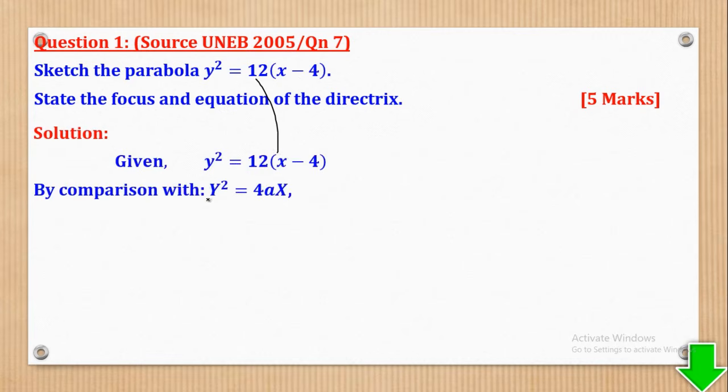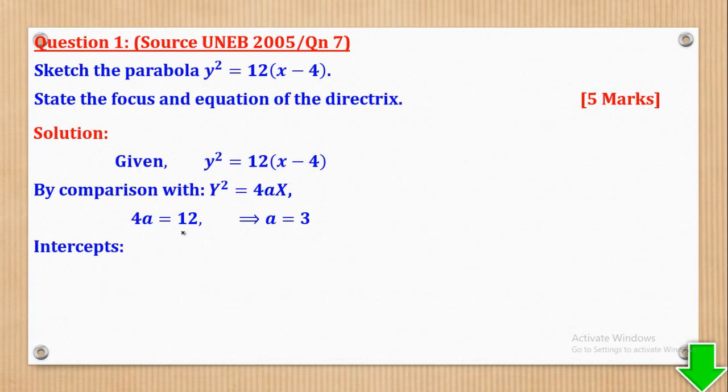Therefore, by comparison, you will realize that this 4a will be equal to 12, this capital X will be equal to x minus 4, and this capital Y will be equal to small y. But our aim is to first get a, therefore 4a is equal to 12, implying that a is equal to 3.